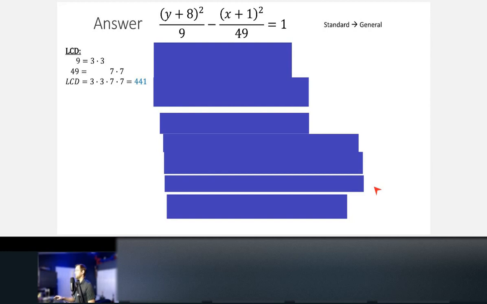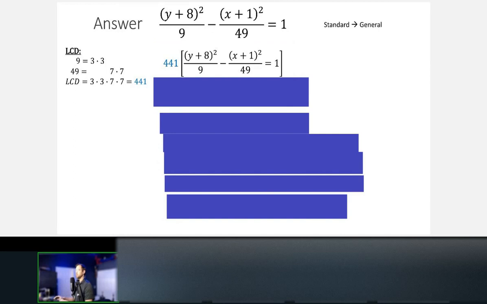Yep, yep. All right. So once we have the LCD, what do we do? Multiply both sides by it. Yeah. So remember, we're trying to clear the fraction. So multiply everything by 441.